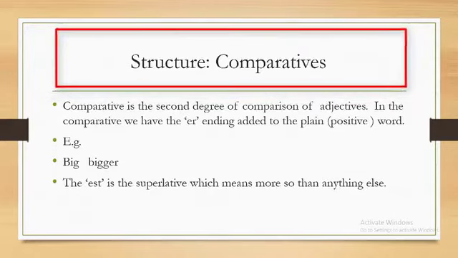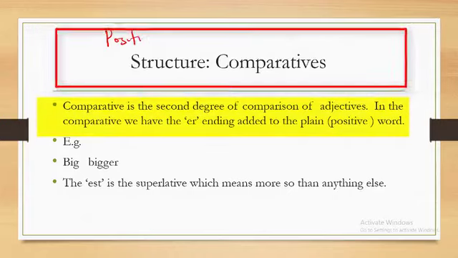So let's move on to comparatives. Comparative is the second degree of adjective. The second degree of comparison of adjective is what we refer to as comparative. So we have the first, which is the positive degree. We have then the comparative degree.